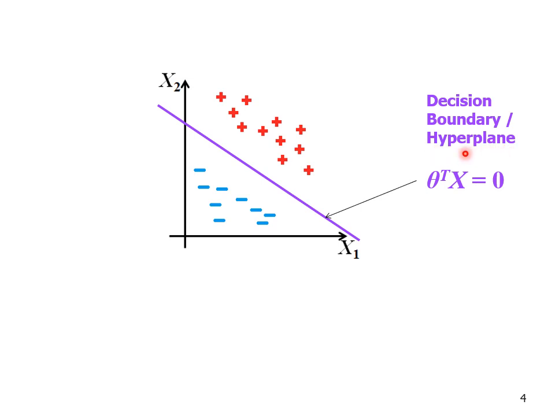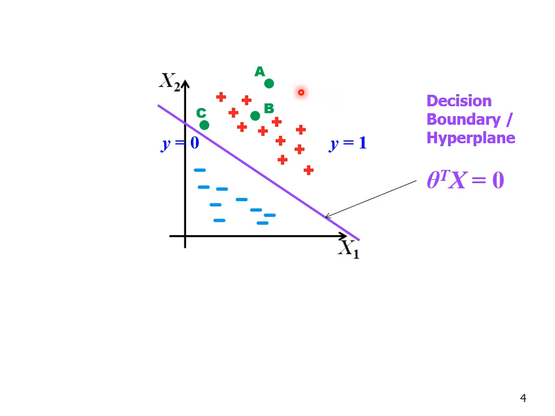This hyperplane is classifying the positive and negative samples. So, class for positive samples is y equal to 1 and class for negative samples is y equal to 0. Now, look at these 3 points labeled here as A, B and C. These 3 green dots, A, B and C.